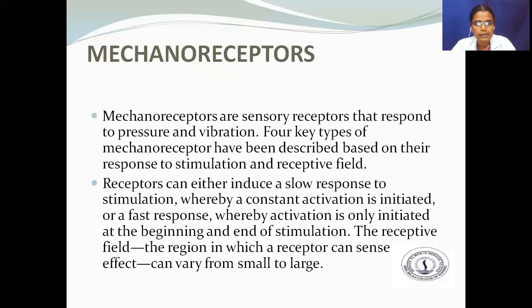Receptors can either induce a slow response to stimulation, whereby a constant activation is initiated, or a fast response, whereas activation is only initiated at the beginning and end of the stimulation. The receptive field, the region in which a receptor can sense effect, can vary from small to large.